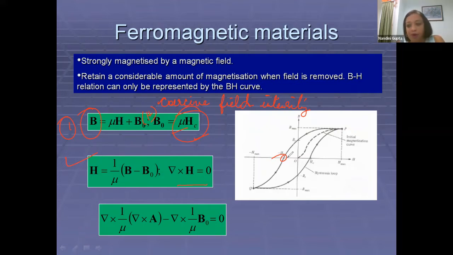Now we know this is a permanent magnetic material, so there is no free current involved. Therefore, curl of H is equal to 0. So if I put this expression in this equation, I have curl of (1 by mu curl of A) minus curl of (1 by mu B naught) is equal to 0. Remember, this is mu.